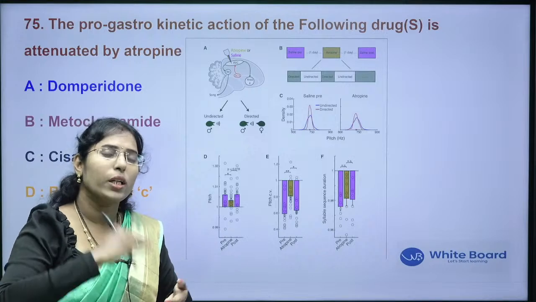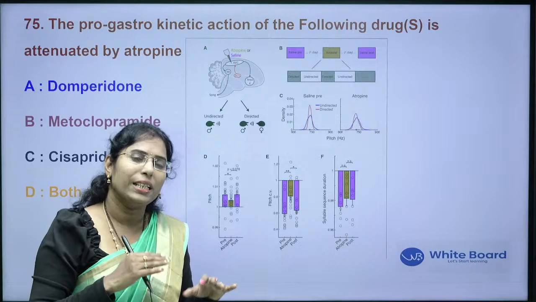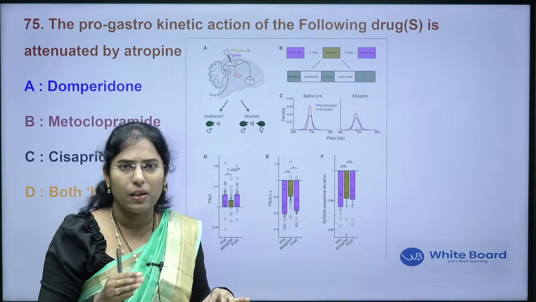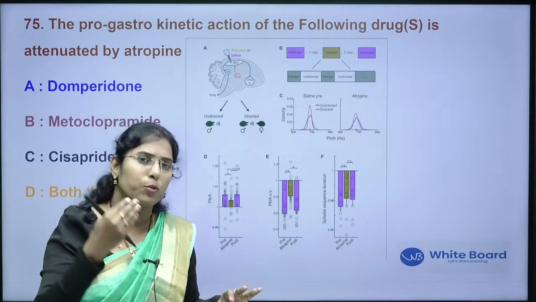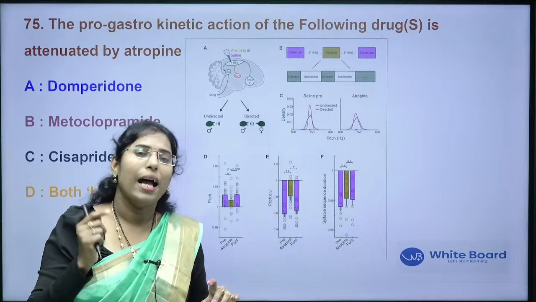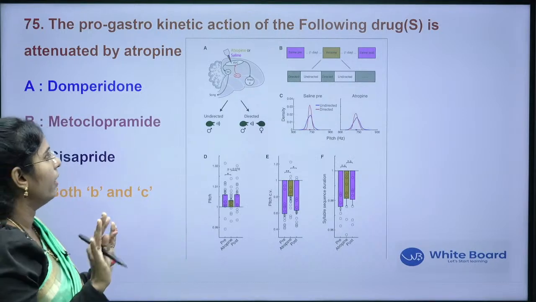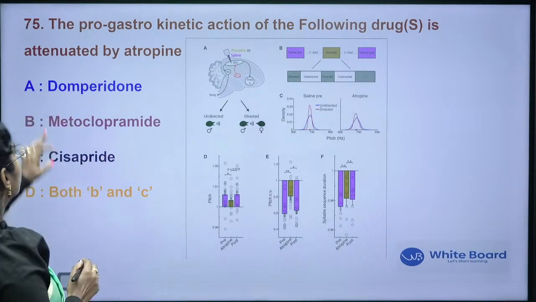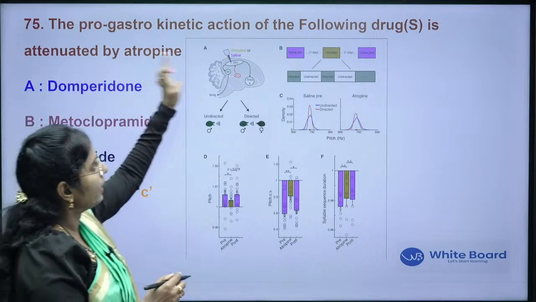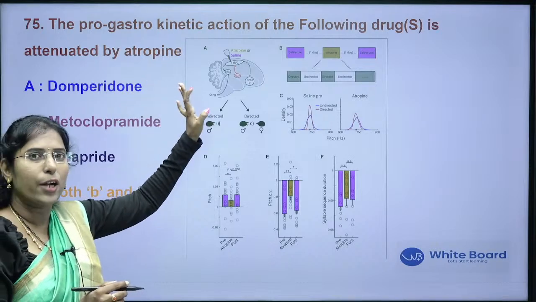The gastrointestinal motility will be very reduced. If the motility is reduced, then evacuation of the bowel will not take place and reabsorption of the water occurs, and finally it leads to constipation, and that constipation can be overcome by using laxatives or various drugs.